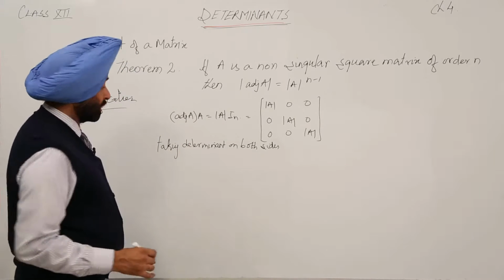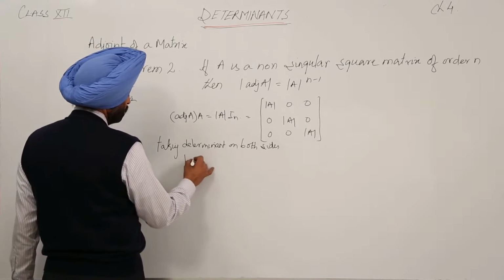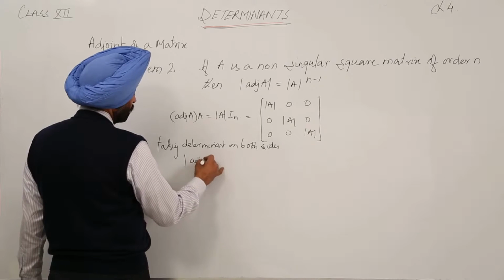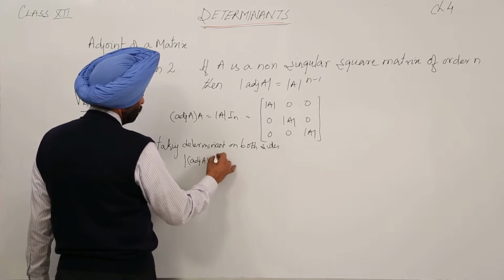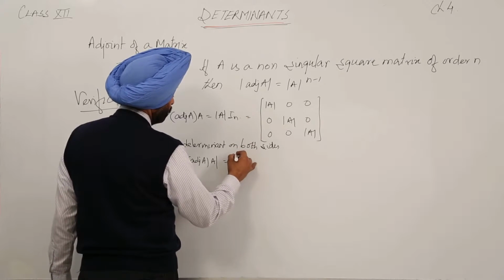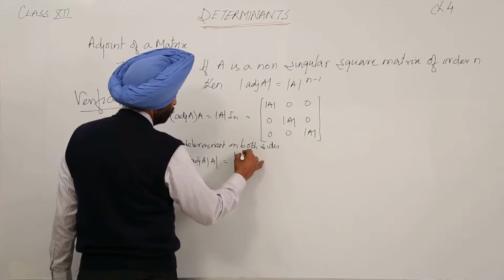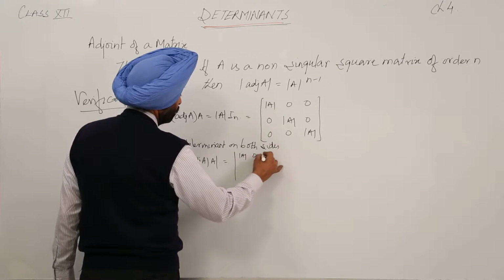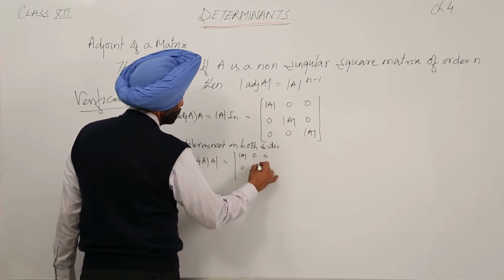Taking determinant on both sides, what are we having now? Adjoint A is equal to determinant of the given matrix.